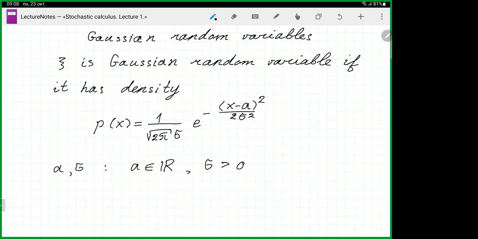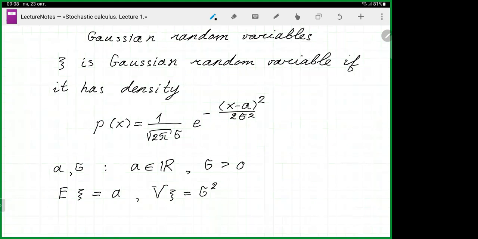These constants have the following meaning: the expectation of psi is equal to a, and the variance of psi is equal to sigma squared. So you see that the Gaussian distribution in the one-dimensional case is completely defined by its mean and variance.